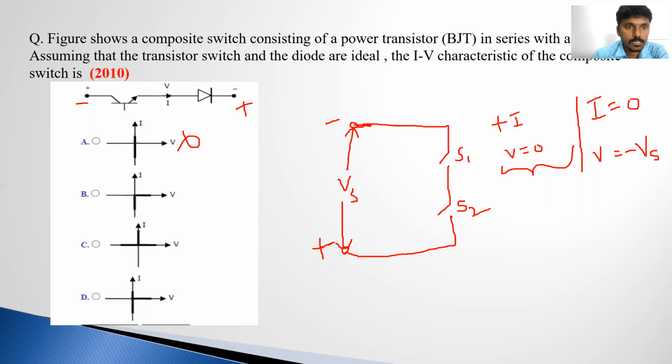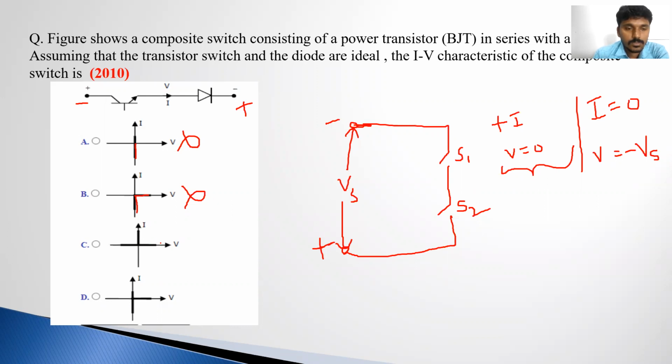In B, the current is negative and voltage is positive. So current negative है नहीं है. This is also a wrong answer. Clear? So next one, current is positive and voltage is positive and negative. D is also a wrong answer.